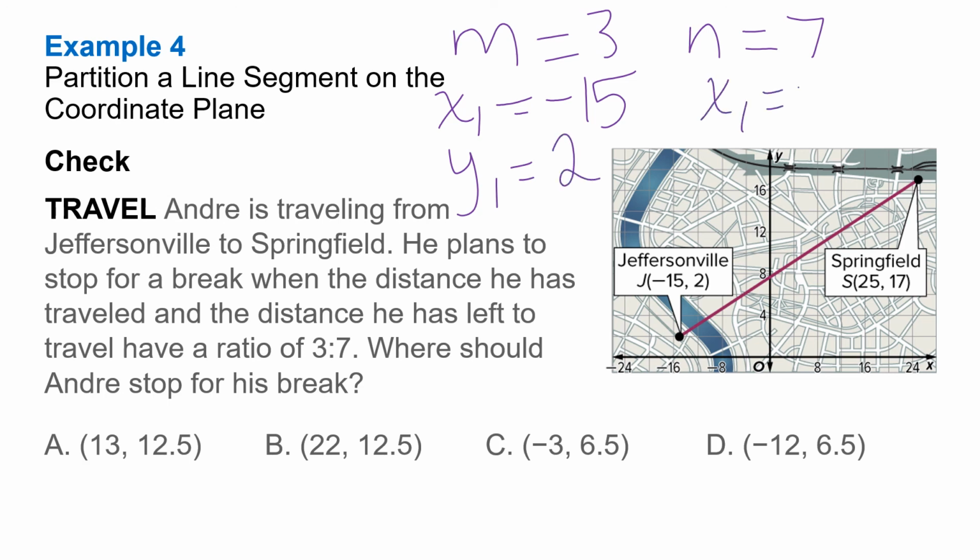X2 is 25. And Y2 is 17. Did you come up with the correct answer of C for the point that breaks up the distance he has traveled to the distance he has left to travel in a ratio of 3 to 7?